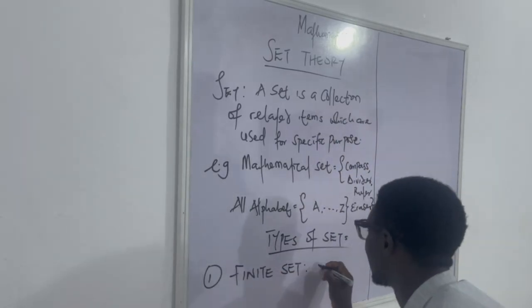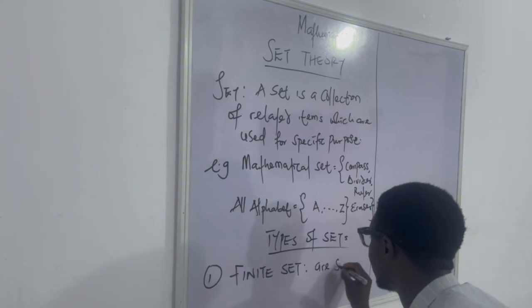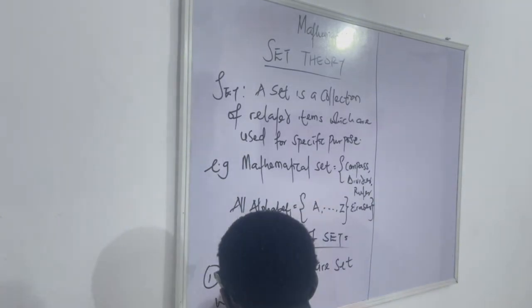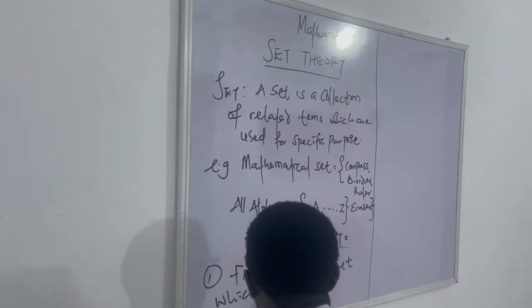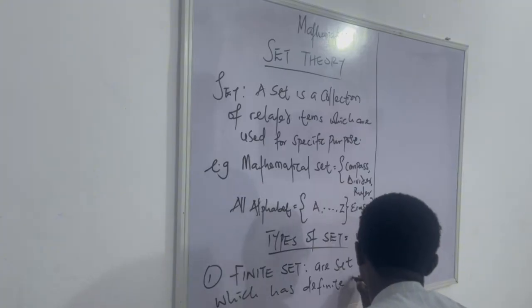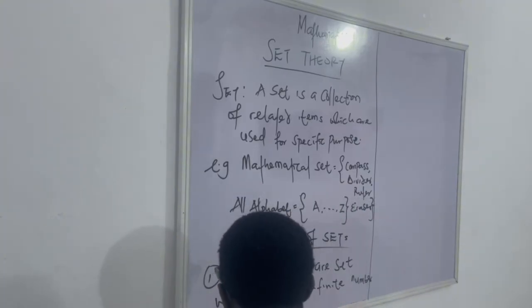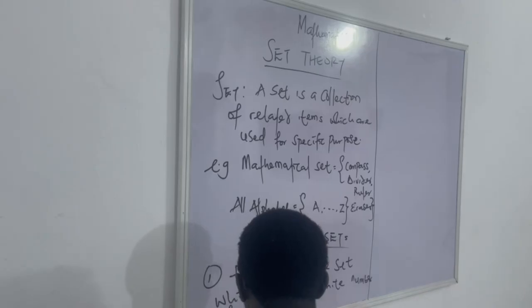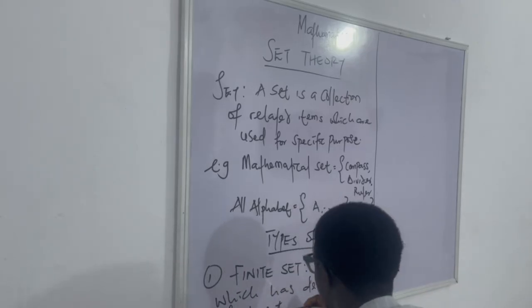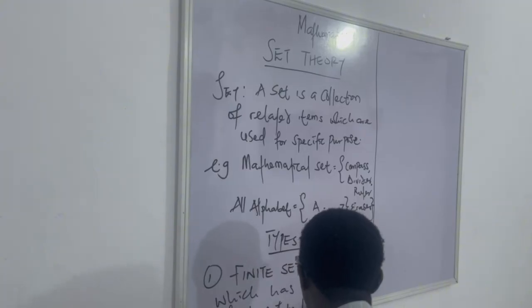Finite sets are sets which have a definite number of elements, or definite elements in that set.